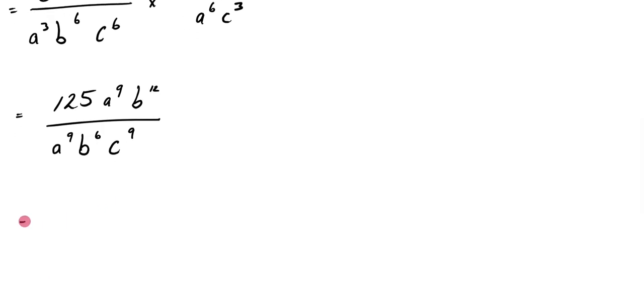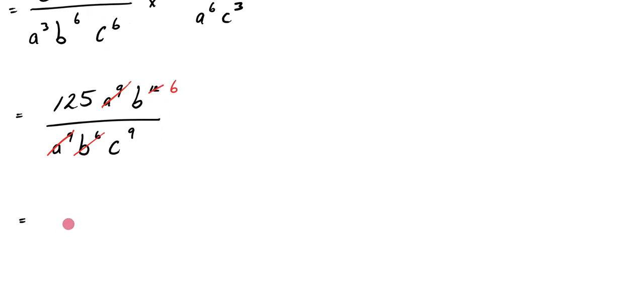Now that's going to be equal to something. What's that going to be equal to? Now I'm going to have to use my second index law to do some subtraction here. So A^9 and A^9 are obviously just going to go away with each other. And then I'm going to have B^6 and B^12. Well, 12 minus 6 is just 6, so instead of that, I'm going to have B^6.